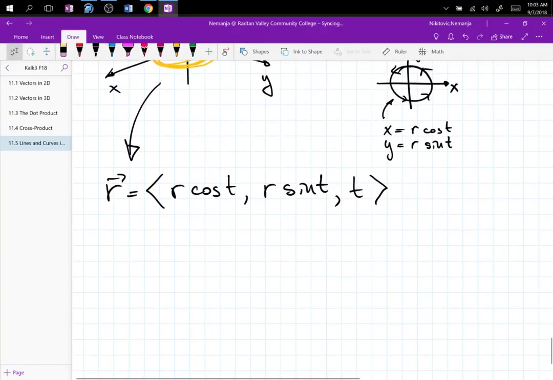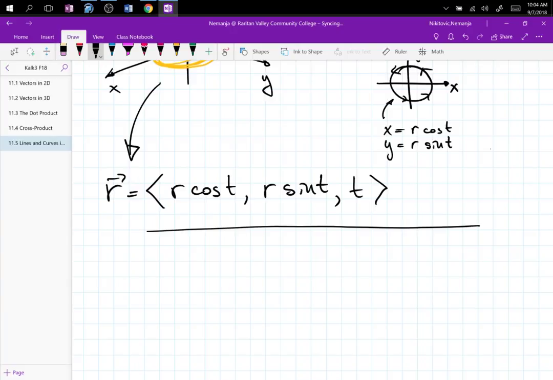What I'm going to do now is I am going to say r equals vector r cosine t, r sine t.